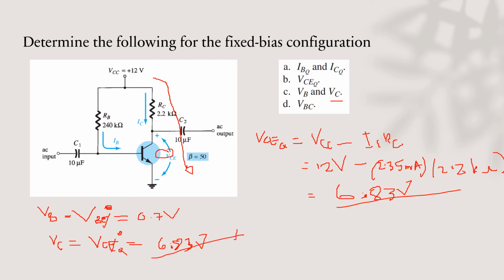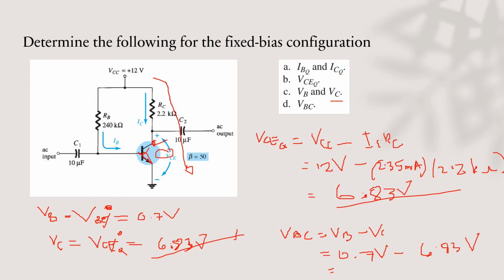All right, now we solve for VBC. Our VBC is just the voltage across the base and the collector, and we just have to subtract. That is just VB minus VC. So VB is 0.7 volts minus 6.83 volts.